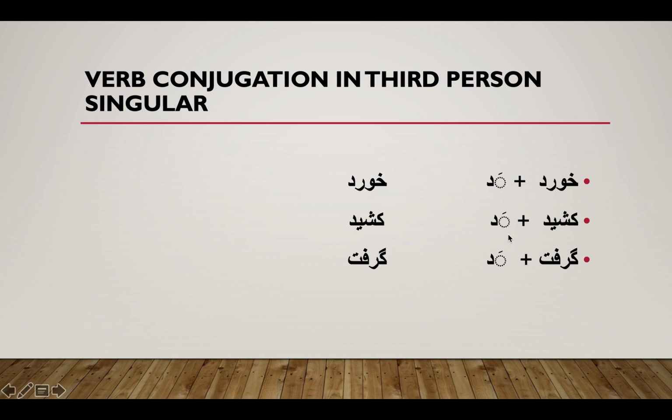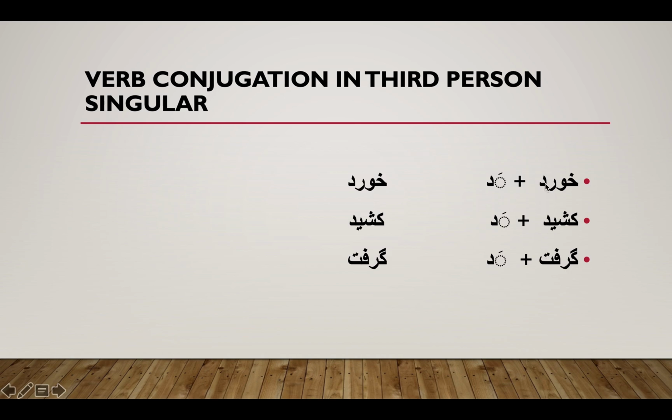I have to add all these endings, and ad is the appropriate ending for third person singular. But since these are all ending in te and dal, they don't take something with the same point of articulation. Te and dal are very close, and dal and dal, they're the same, so they won't be added to each other. So here I end up with خورد, کشید and گرفت.